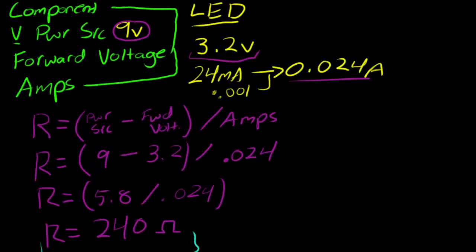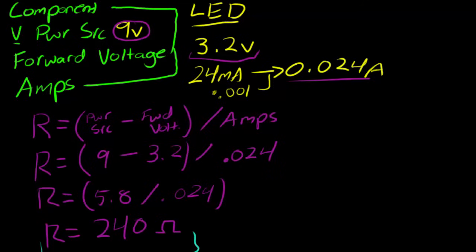Now, resistors don't come in every single value, so you are going to have to approximate. Say I don't have a 240 ohm resistor. Say I have only, I don't know, a 280 ohm resistor. That'll be plenty. I mean, it's even more than the recommended resistance value. Even if I have to go a bit less than 240, that's completely fine. My LED will still work and probably not burn out if I don't go too far under.